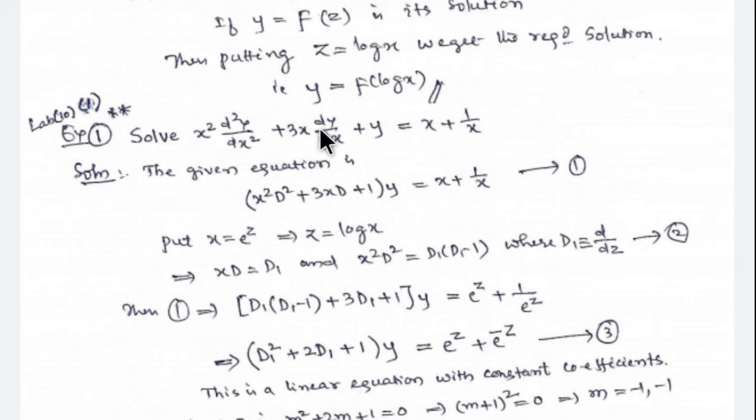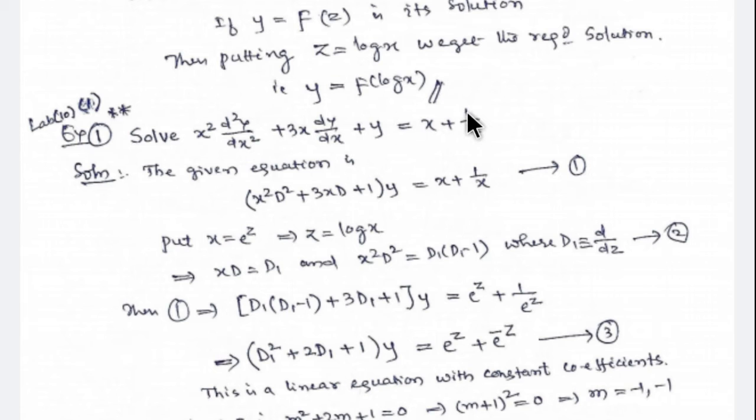But here you observe x into dy by dx is a first order derivative, with power of x equal to 1. Here power of x is 2 with the second order derivative. So this is homogeneous. If you see this nature, this is a Cauchy-Euler differential equation or homogeneous linear differential equation.